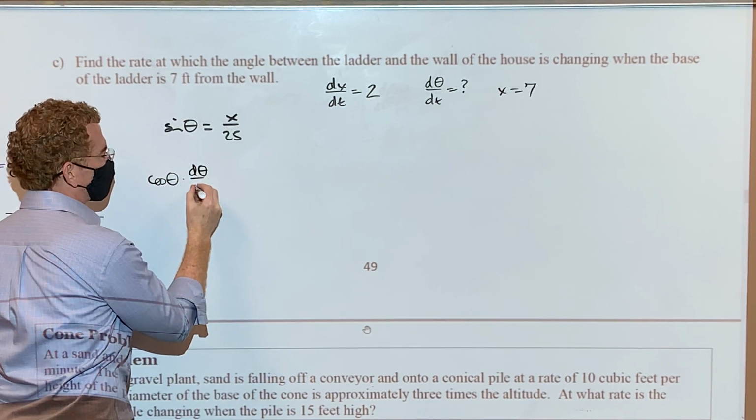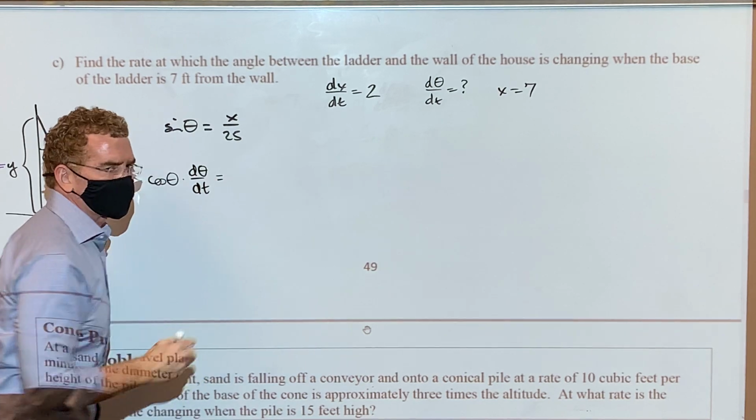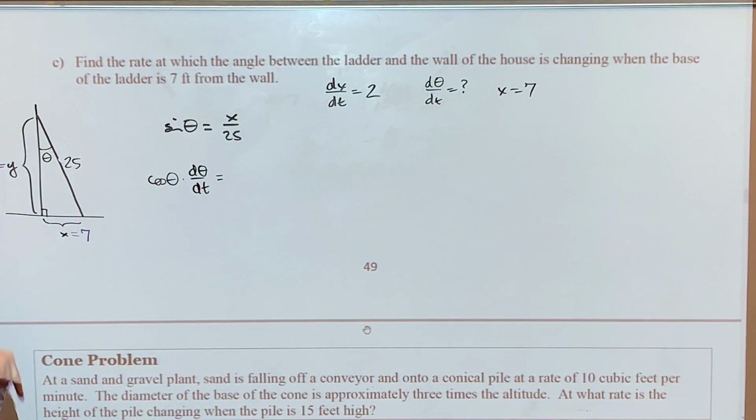Now, here's why I don't love this. I don't hate it, but I don't love it because I now have to find the cosine of the angle. And I can find the cosine of the angle when x is 7 and y is 24. It's not that big of a deal, but for you guys, it's one thing that tends to get you stumped. But we'll finish that up in a second.